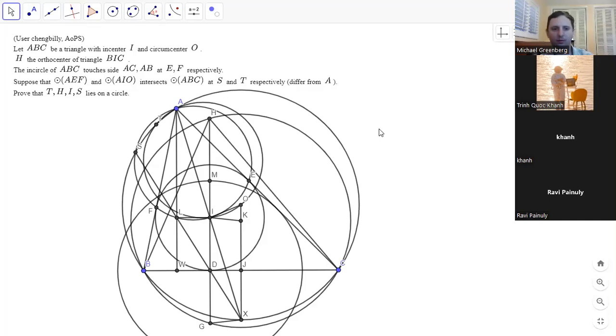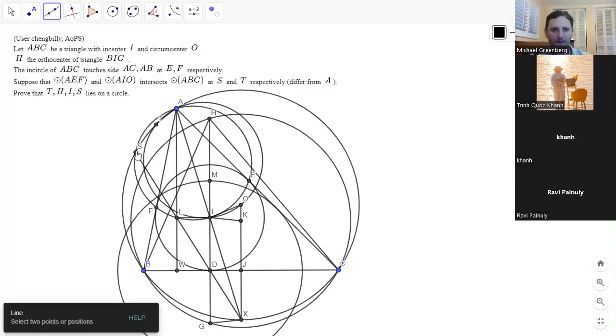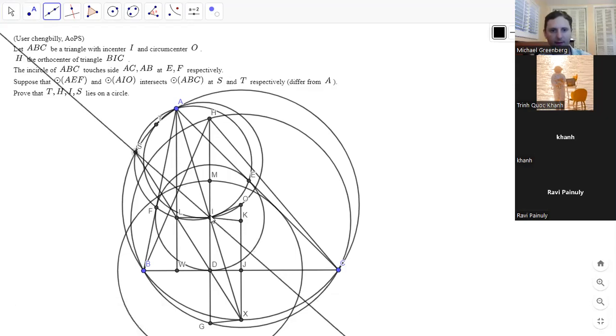All right. So maybe I could let TS meet this at a point and then try to use power of a point. I'm not sure how helpful that would be. But is there anything special about IS?